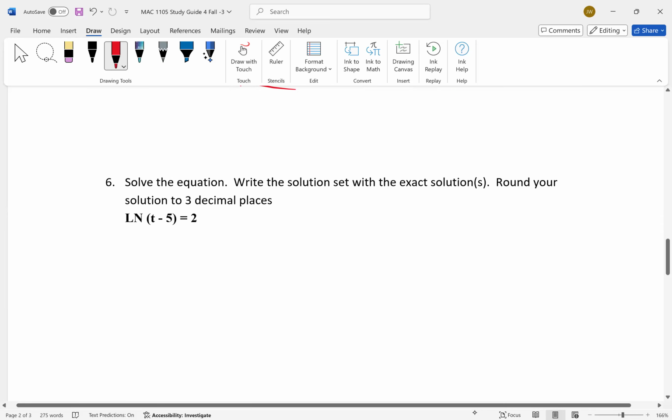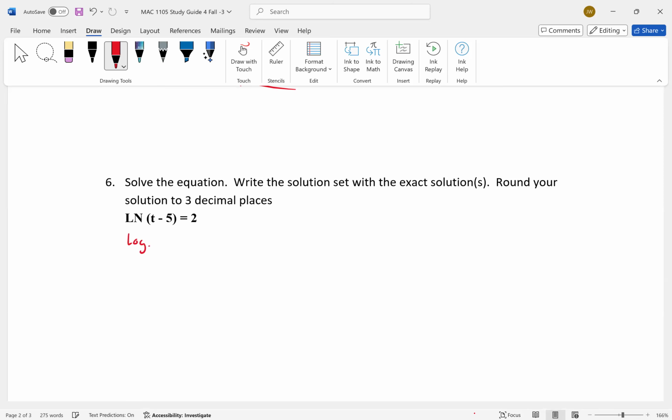Okay, solve the equation. Write the solution set with exact solutions. Round your solution to 3 decimal places. So I can translate this. Remember, this is the log base e of t minus 5 equals 2. So this is e squared equals t minus 5.